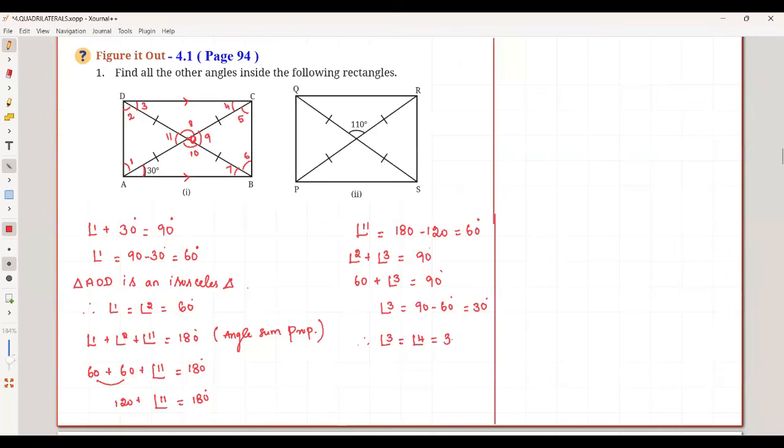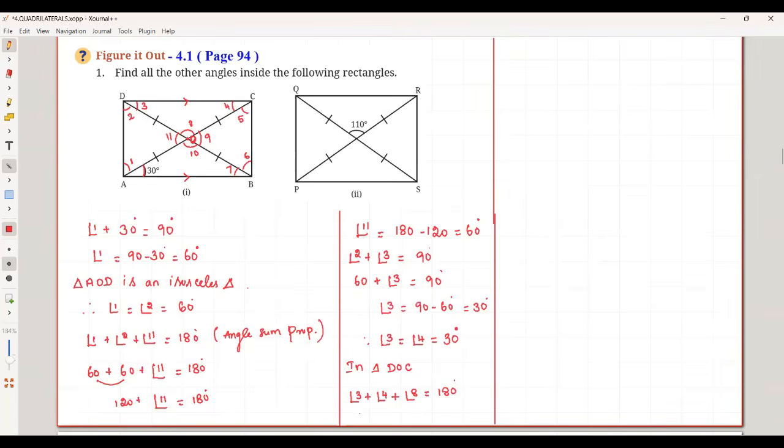Now this is 30 degrees. Now this is 30 degrees. So now take the triangle DOC. In triangle DOC, use the angle sum property: angle 3 plus angle 4 plus angle 8 is equal to 180 degrees.